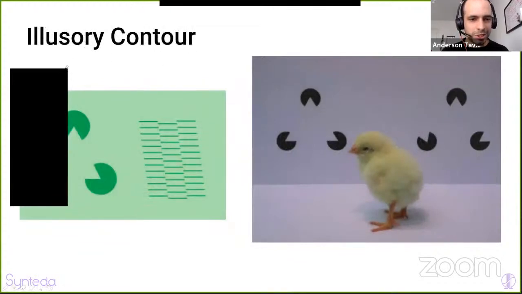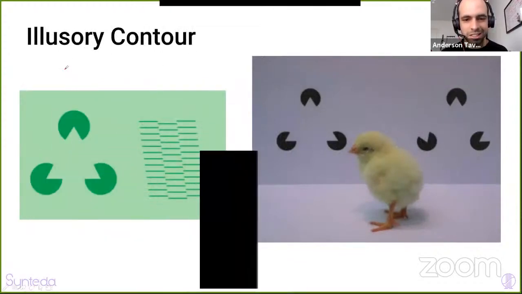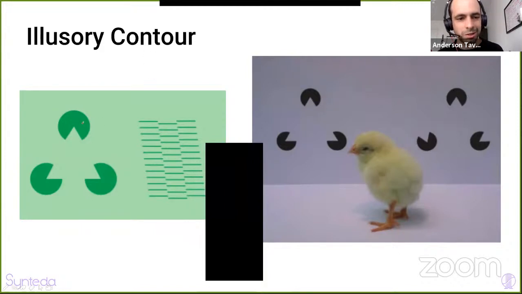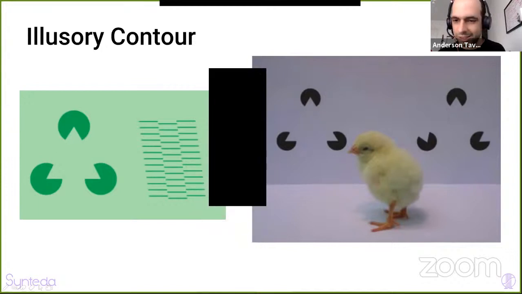We have another illusion based on edges, the illusory contour. The eye finds edges where they don't exist because of the response of the ganglion cells and the cells in the cortex. And not only us, but also other animals have this ability.